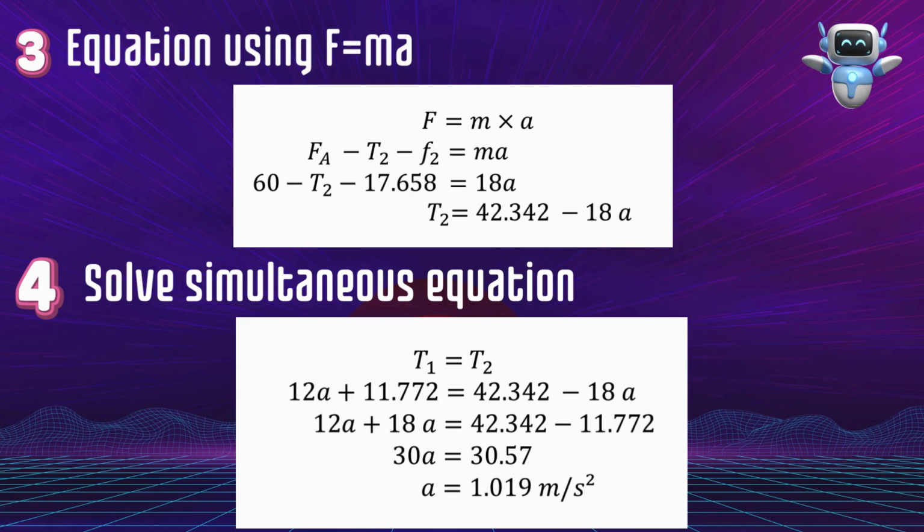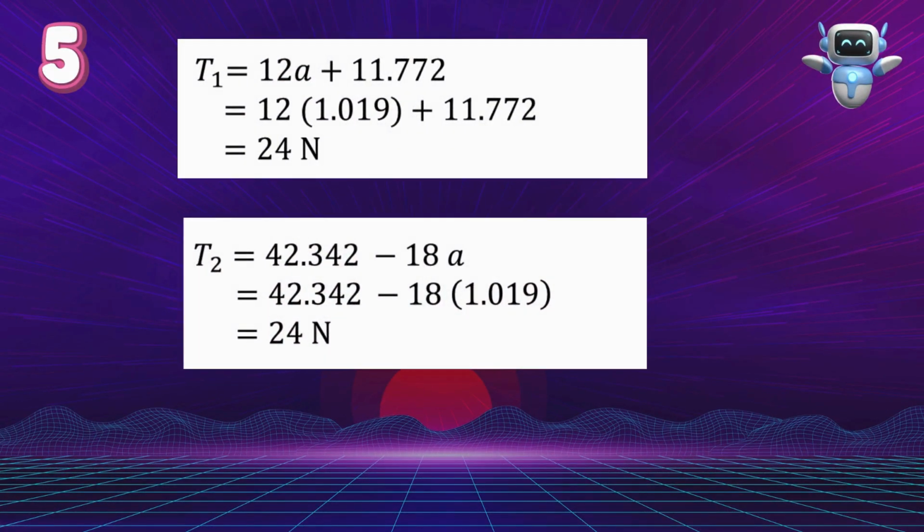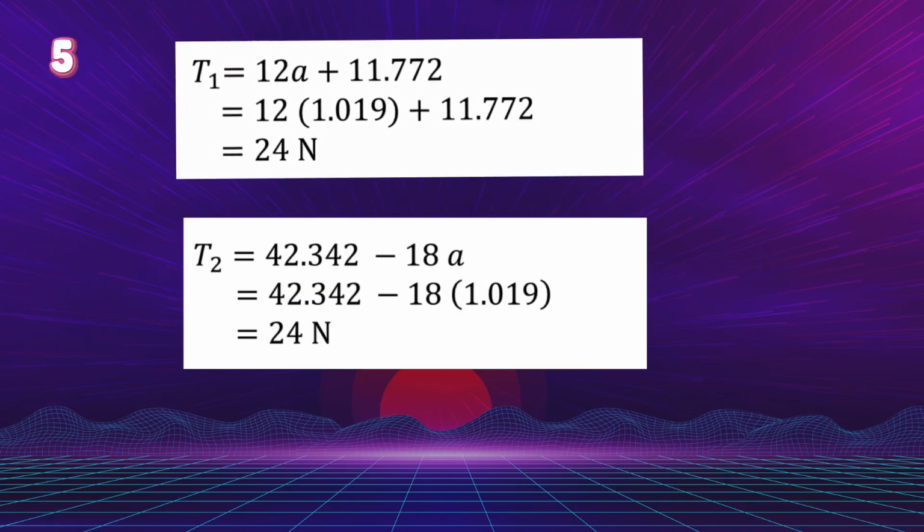Finally, we arrange the equation and make the tension the subject before solving the simultaneous equations. Once the acceleration is known, we substitute the value of acceleration into either equation to calculate the tension in the rope. Notice that the tension on both sides of the rope is equal.